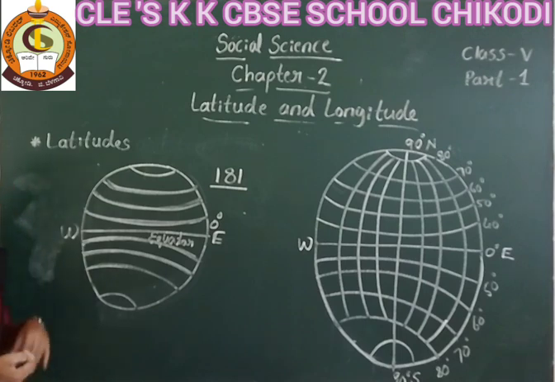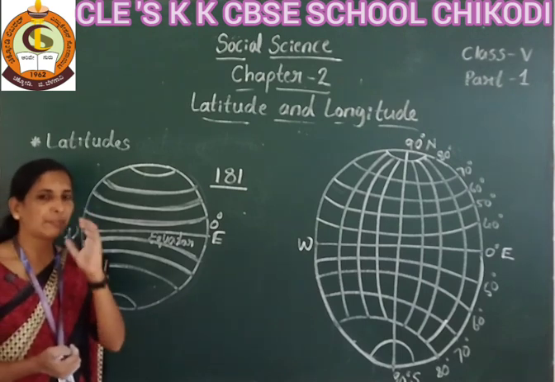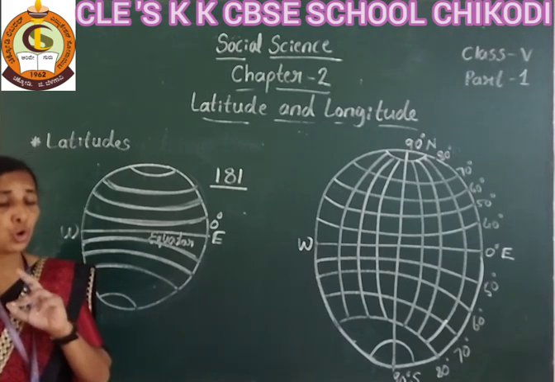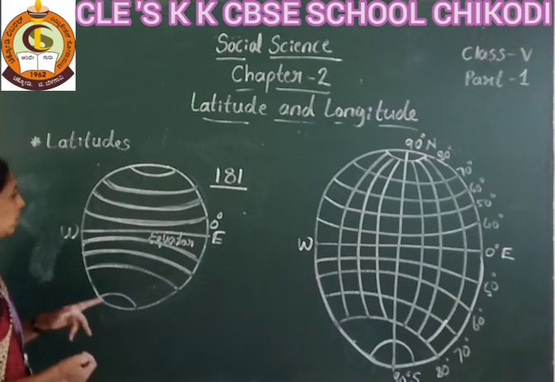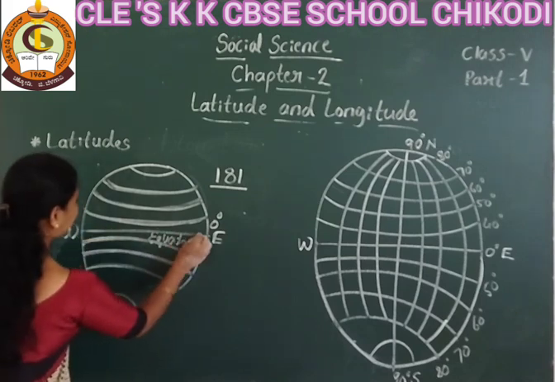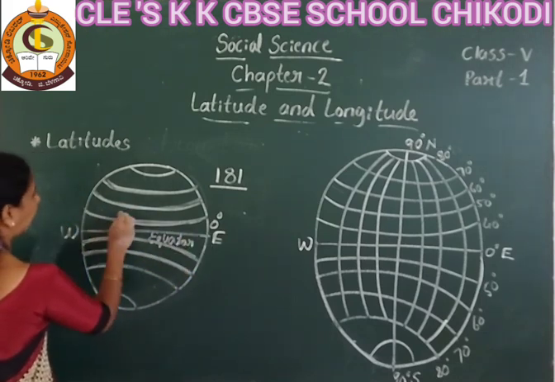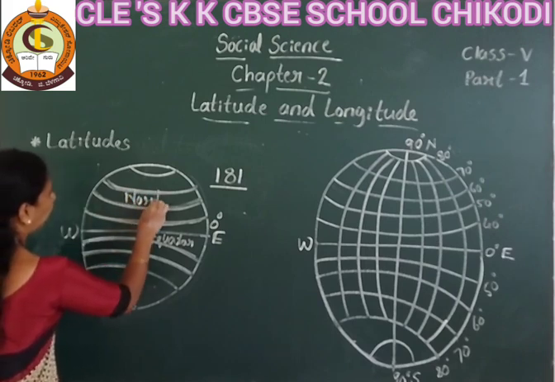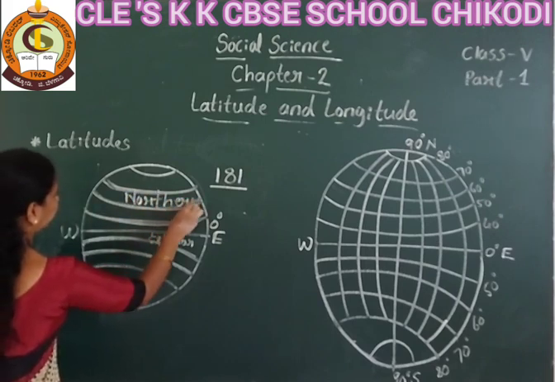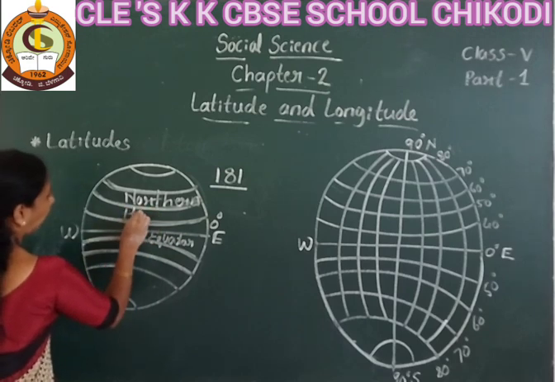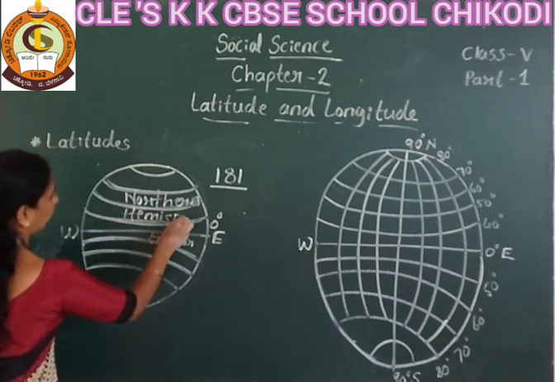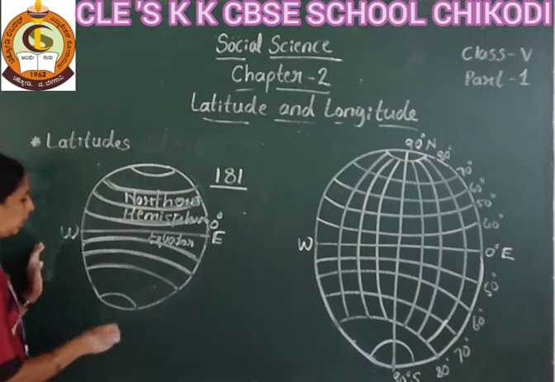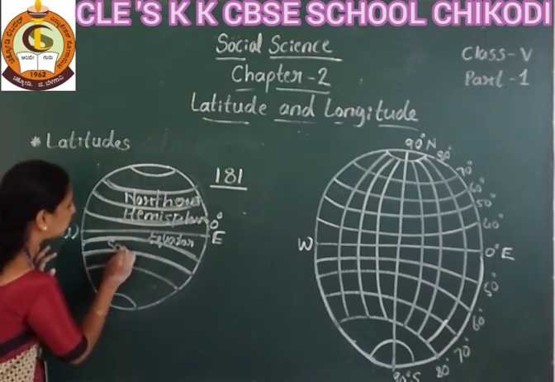And the earth is divided into two halves. The upper part is the northern hemisphere, and the part below is the southern hemisphere.